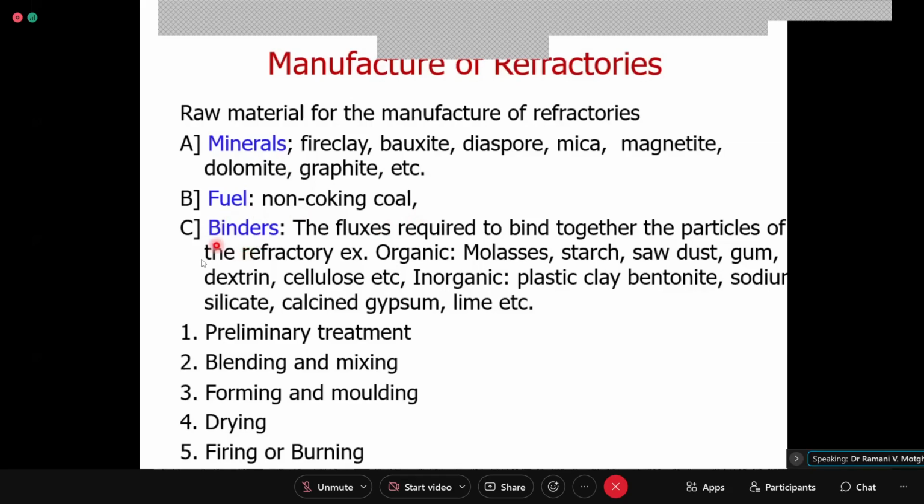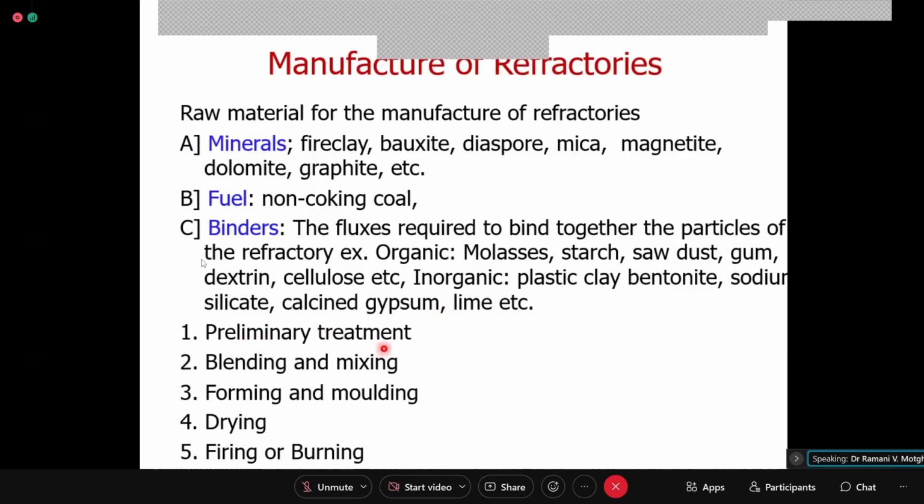Then you need binders, the fluxes required to bind the particles of the refractory together. Examples, organic: molasses, starch, sawdust, gum, dextrine, cellulose; inorganic: plastic clay, bentonite, sodium silicate, calcine, gypsum, lime, etc.